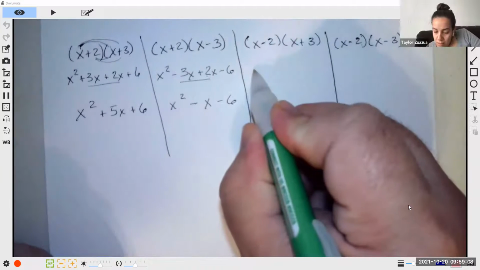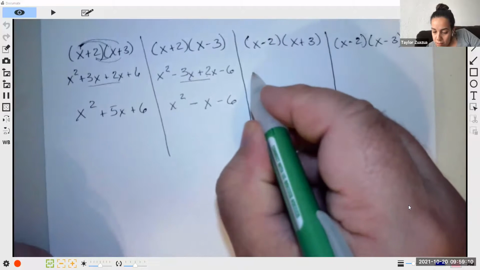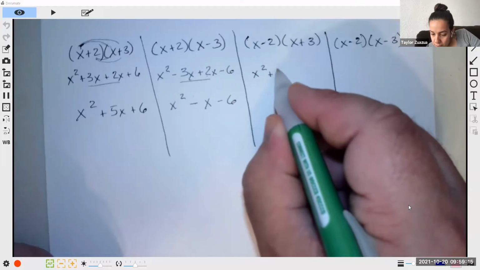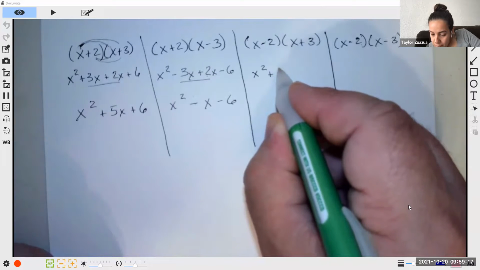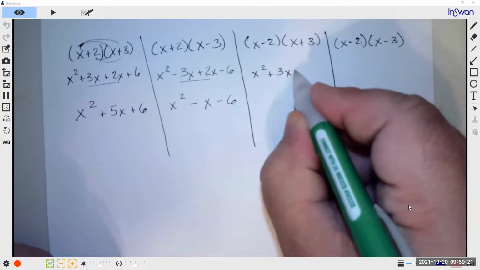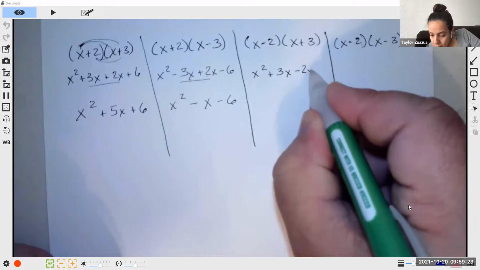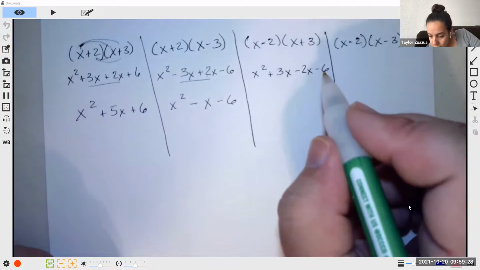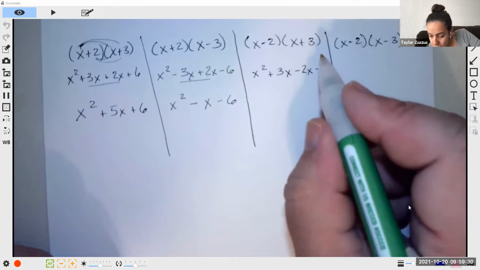And then x squared, plus 3x, and then negative 2x, and then negative 6 again.